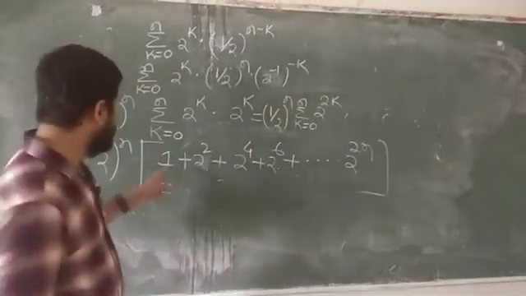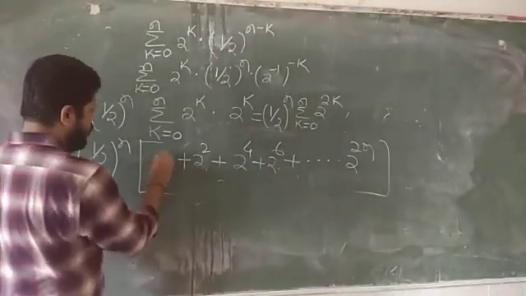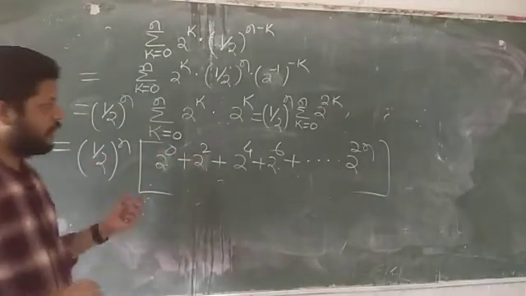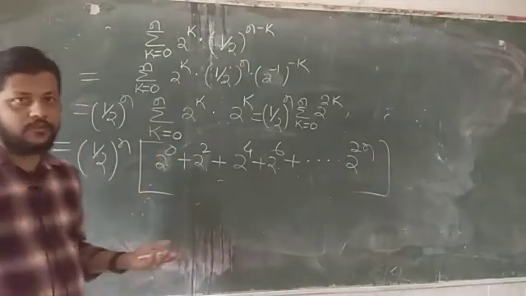So obviously this is starting from 1, we can write like 2 to the power 0. So this is starting from 0 to 2n, that means we have n plus 1 number of terms.